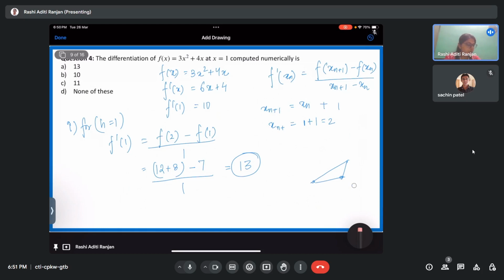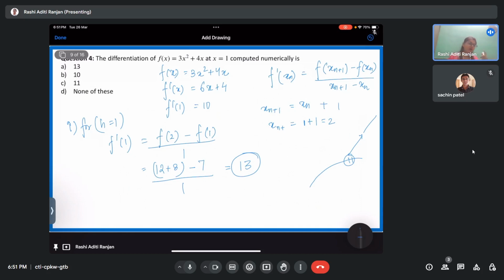Okay. Because if you remember, it is all based on an assumption that if I have a curve and if I consider a very small part of this curve, then that very small part is going to behave like a straight line. I have to keep this in my mind while computing the differentiation or performing any kind of numerical technique.